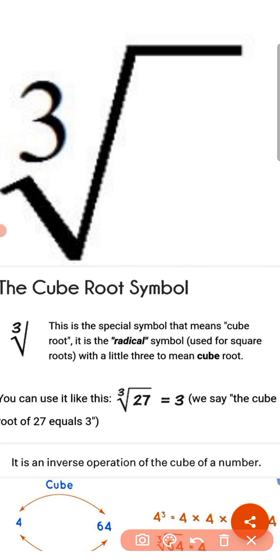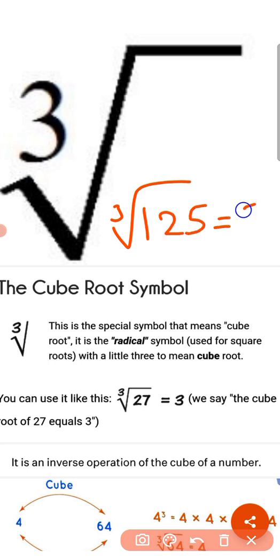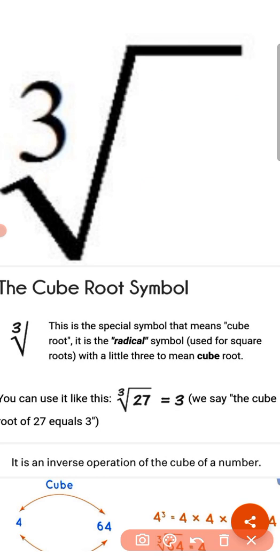Similarly, we can say that cube root of 125 is 5. That means when we multiplied 5 3 times, our answer is 125. Cube root of 27 is equal to 3. That means 3 into 3 into 3 is equal to 27.